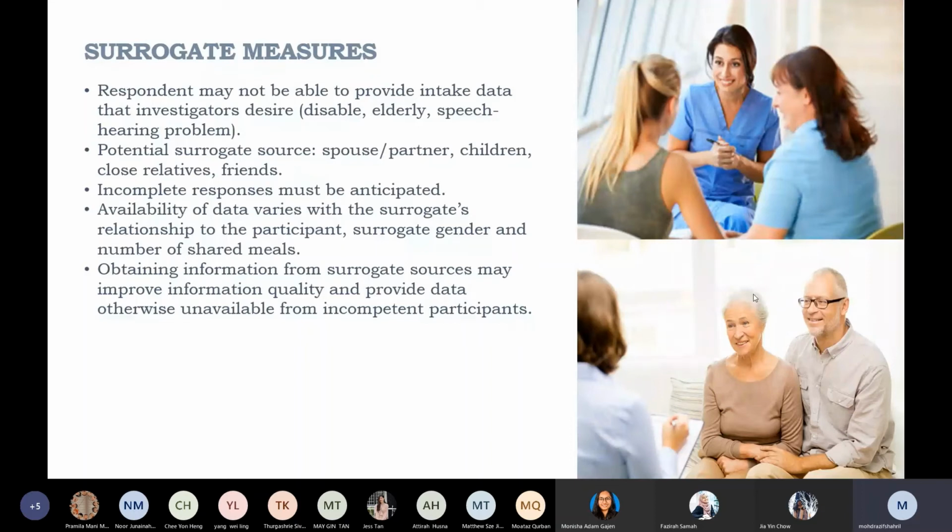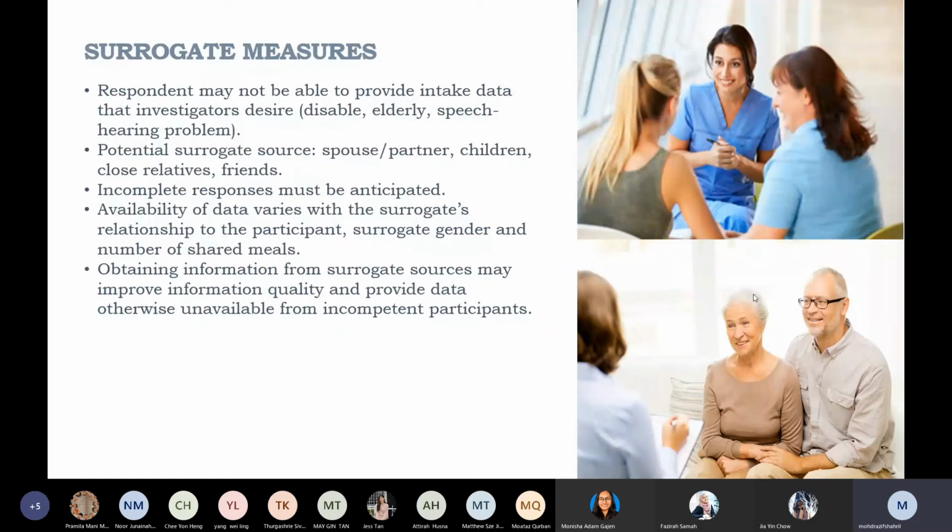Availability of data varies with the surrogate's relationship to the participant, the surrogate's gender, and the number of shared meals. So if the surrogate is living together with the respondent, then the data availability will be higher. And mostly when the surrogate is female, they are more able to answer what their partners have been consuming, especially for children.